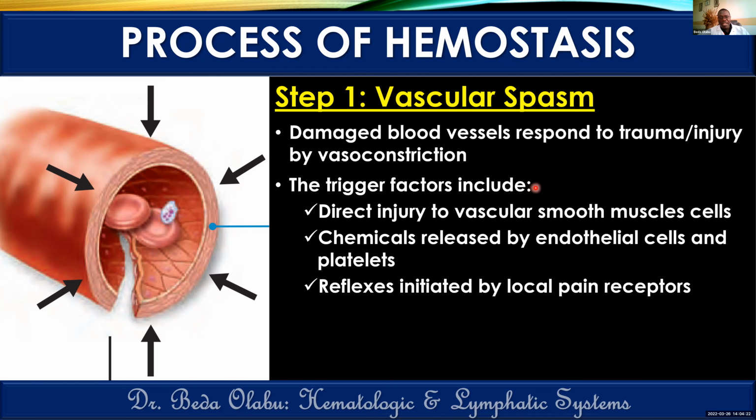The factors that trigger vasoconstriction include the following. The direct injury to the vascular smooth muscle makes it contract. Also, the chemicals which are released by the endothelial cells, which have been destroyed there, as well as the platelets, which usually come at the site of injury, will also cause vasoconstriction.